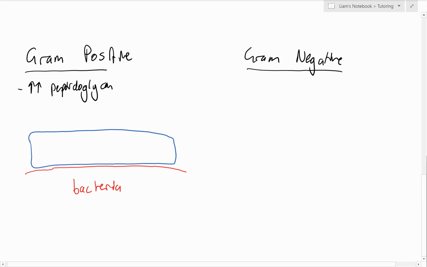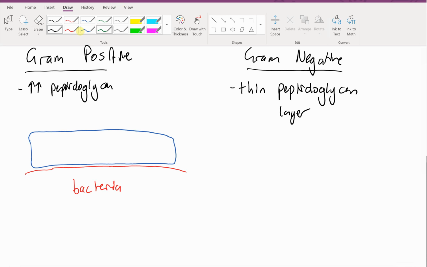Gram-negative bacteria, on the other hand, they've got a very thin peptidoglycan layer, and because of that, they've actually got two membranes.